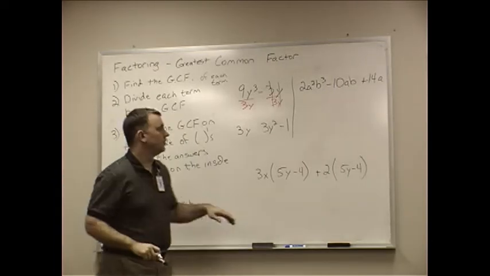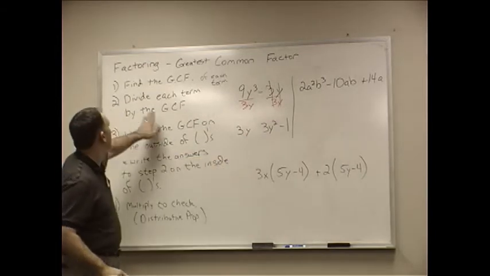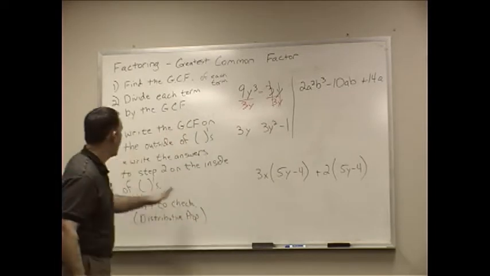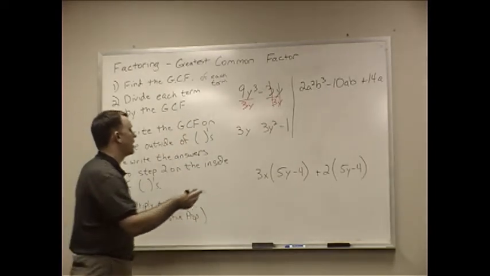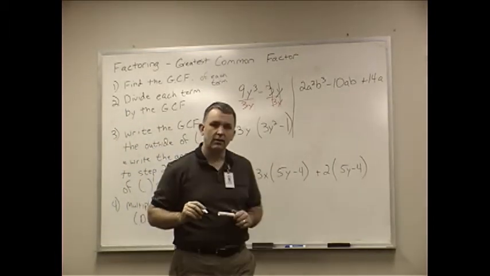Alright, so step 1 was find the greatest common factor, it's 3y. Step 2, divide each term by the greatest common factor, we've done that. Step 3, write the greatest common factor on the outside of the parentheses, and the answers to step 2 on the inside of the parentheses.